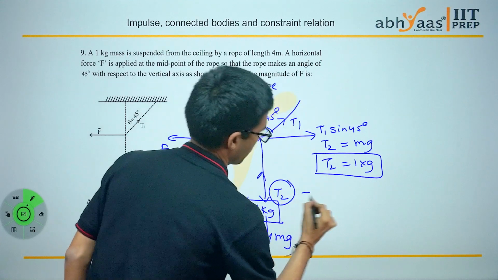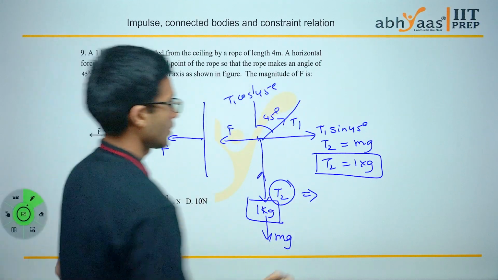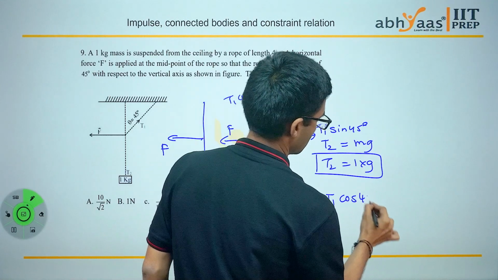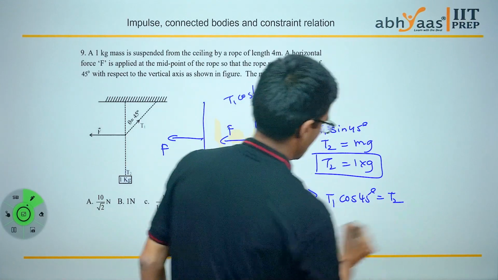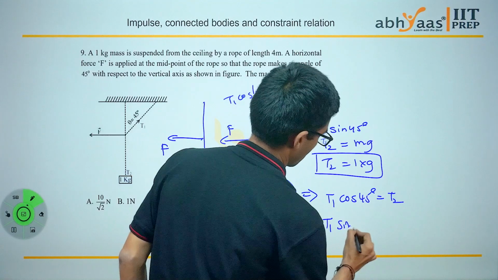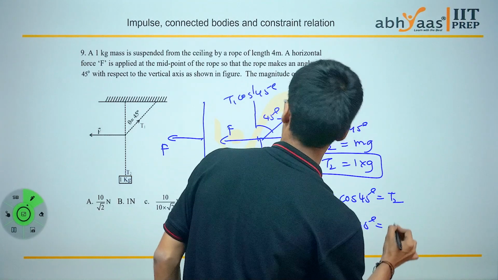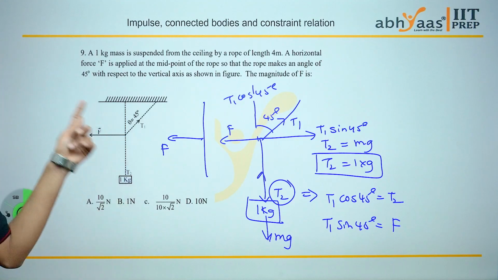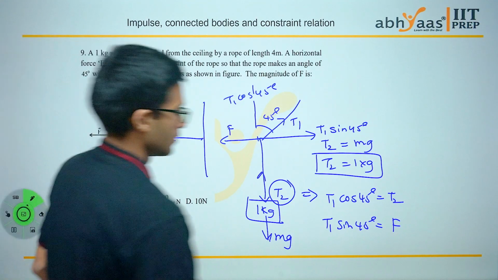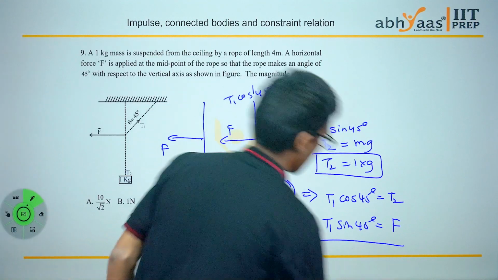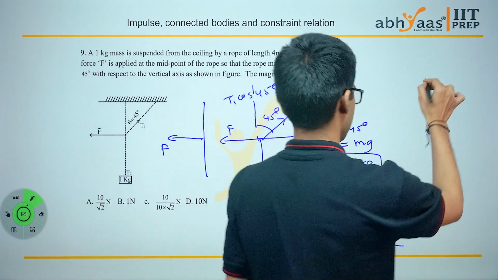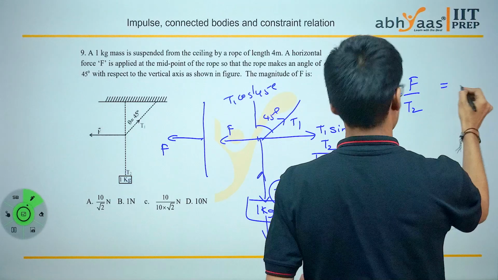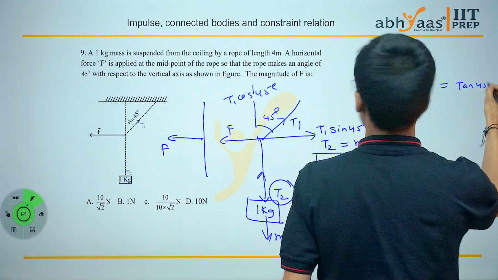T1 cos 45 is equal to T2, and T1 sin 45 is equal to F. Now you need to calculate F. Easily you can calculate it if you divide these: F by T2 is equal to tan 45, that is 1.